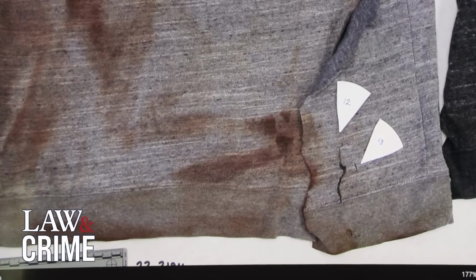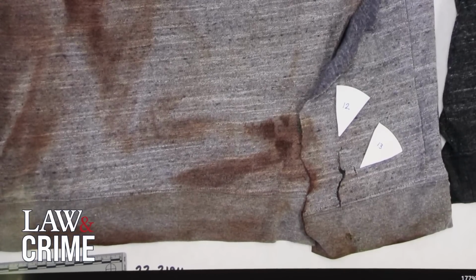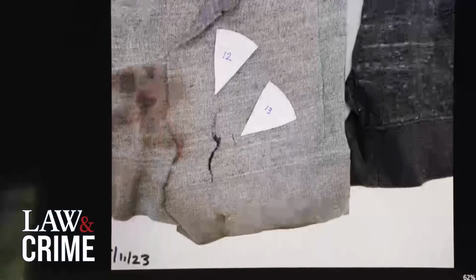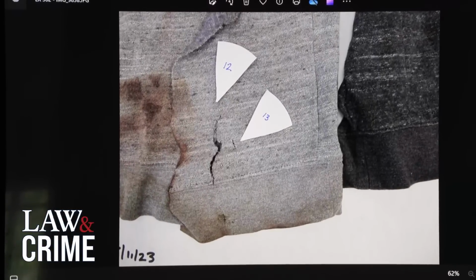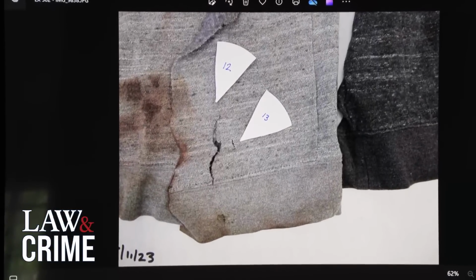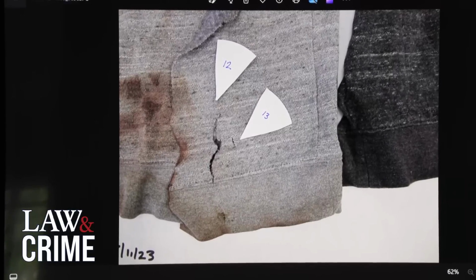And Ms. Gilman, if I could have photograph 9838. Exhibit 219 up on the screen, that's just a closer image of those areas you marked as 12 and 13. Is that correct? Yes, that's correct. Thank you.